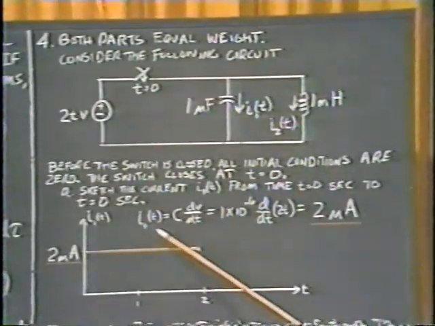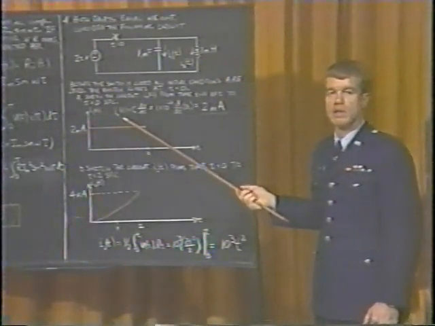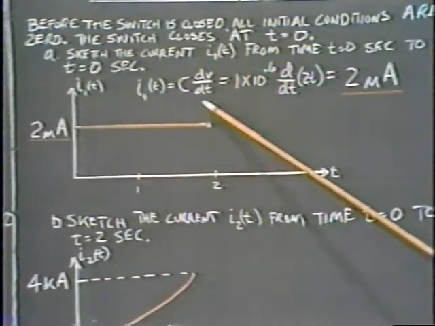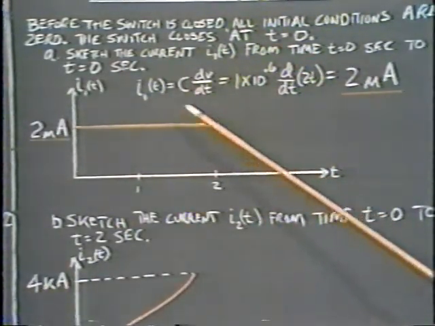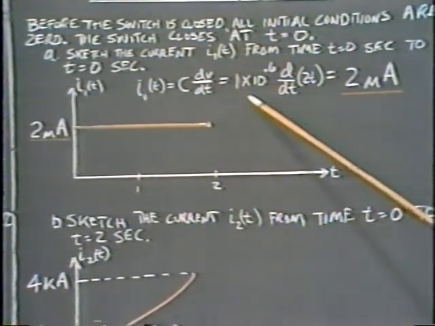If we look at the first of these, the current through the capacitor is defined by the capacitance times the time rate of change of voltage. We saw from our circuit schematic the capacitance was 1 times 10 to the minus 6.